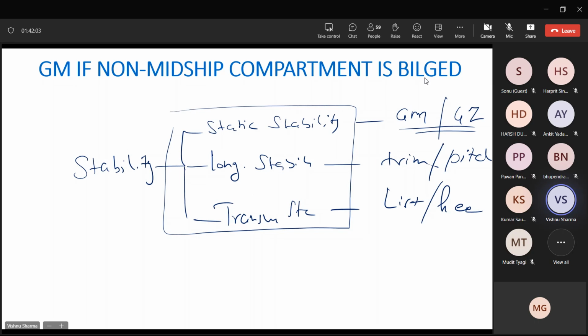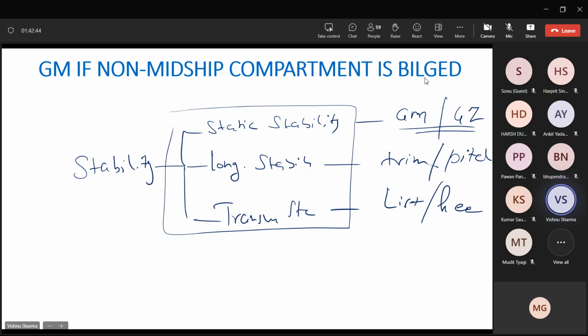When you calculate the GM or GZ, you do not care whether the vessel has a trim or not. Yes, we do factor in GZ, but in GM the list also is not factored, right? When you calculate the longitudinal stability, you do not worry about the other two aspects. And likewise, when you calculate the list of the ship, you do not worry what the trim is. So all these three components of stability are calculated independent of each other.